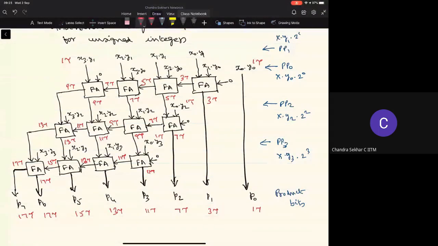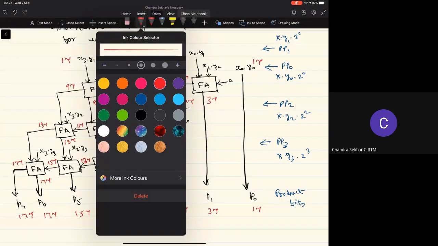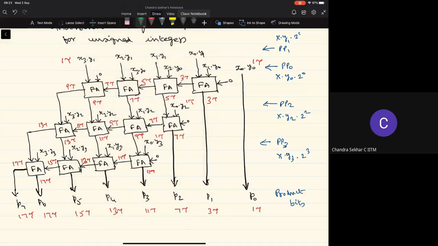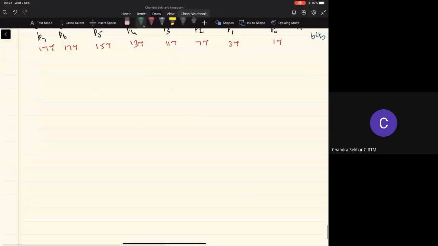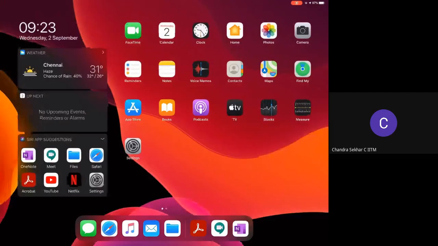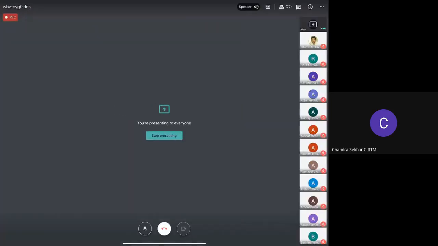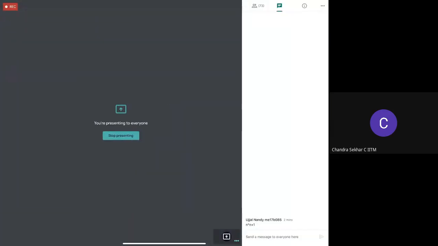Okay, any answers? N into n plus 1. n square is too high. Think about it. It's not n square plus 1. You have to work it out. You can't guess.